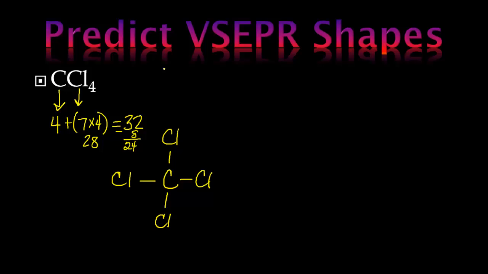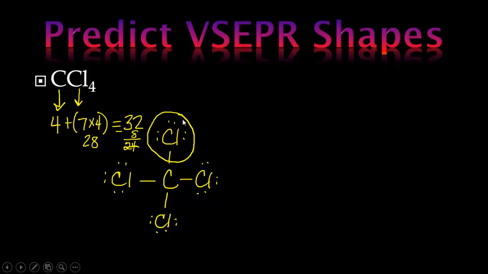So now I'm going to put 24 dots starting around the outside. 2, 4, 6, 8, 10, 12, 14, 16, 18, 20, 22, 24. So there's all 24. I have used them up. So now make sure everything has an octet.